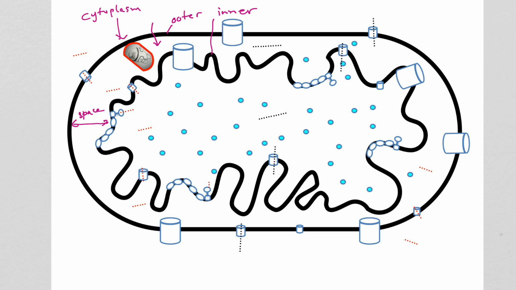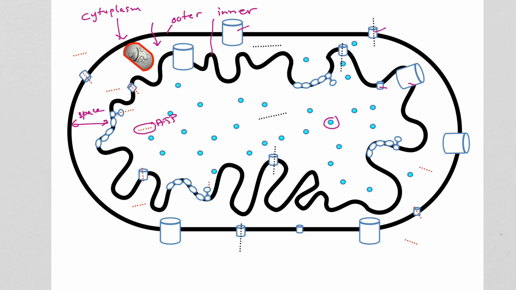So in the mitochondria, you can see once again all kinds of transport proteins. Here's a transport protein, here's a transport protein, various transport proteins. And then you see all kinds of other proteins such as enzymes. So the mitochondria is probably most well known for its production of ATP.